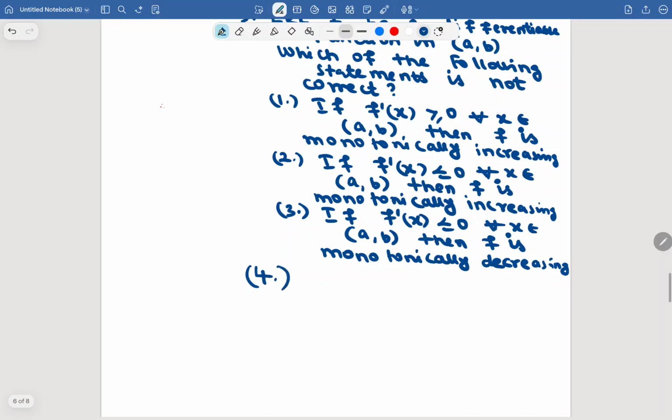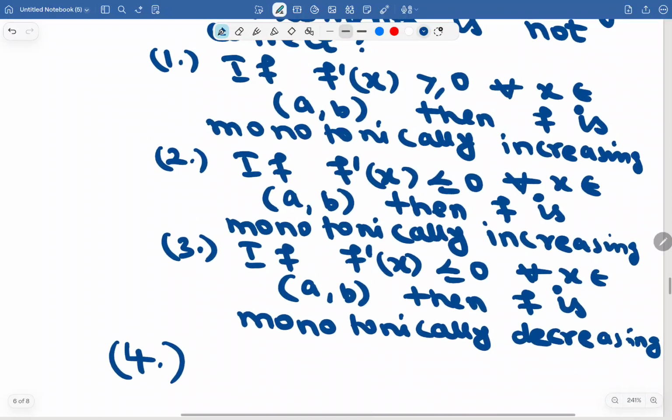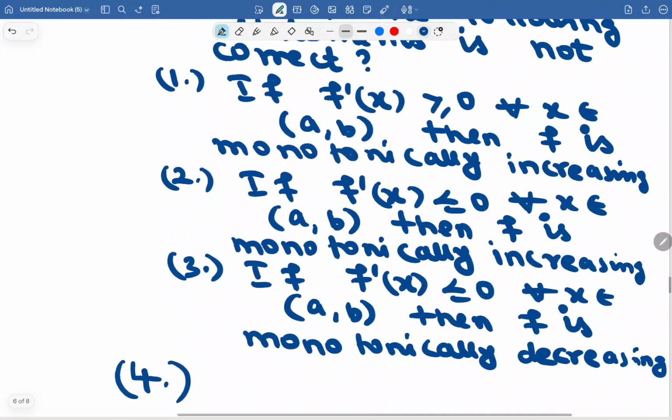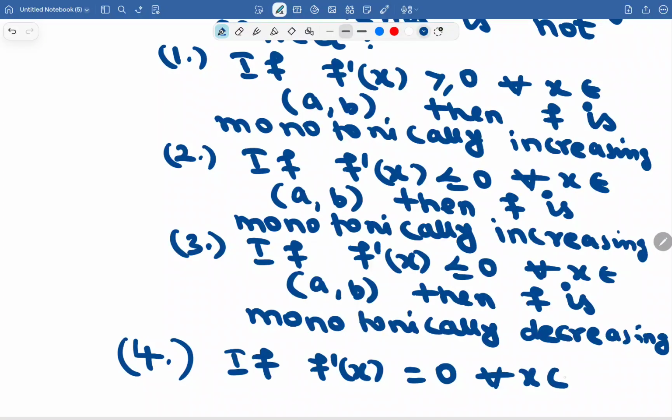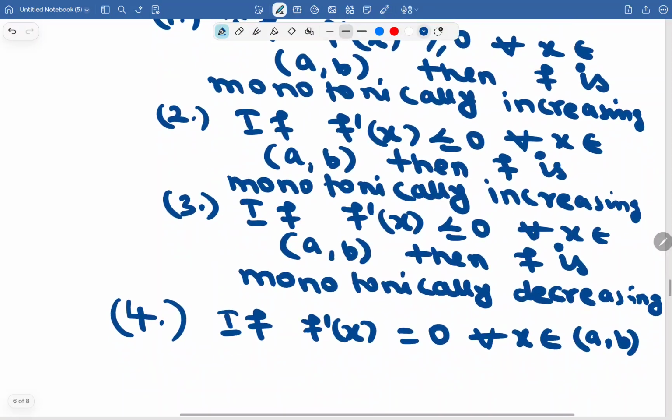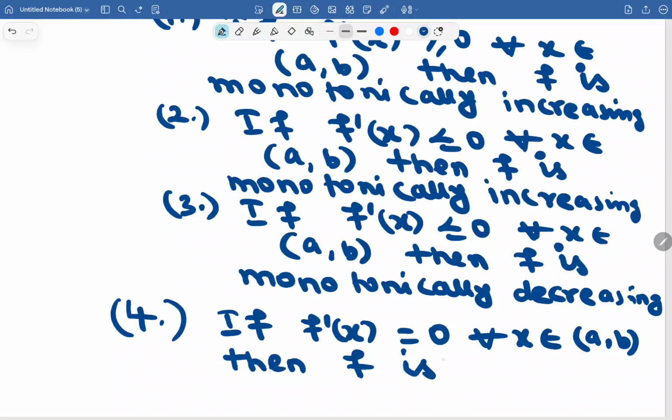Fourth option, if f dash of x equal to 0 for all x belongs to a comma b, then f is a constant function.